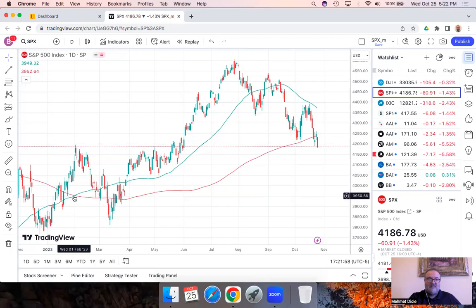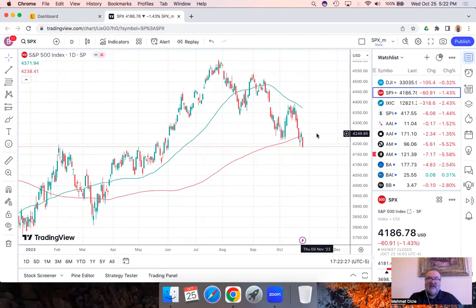So that usually is very positive. But that was almost 10 months ago. And you can see how that 50 day is coming dangerously close to the 200 day, and we might actually come to a death cross, and that would mean bad.